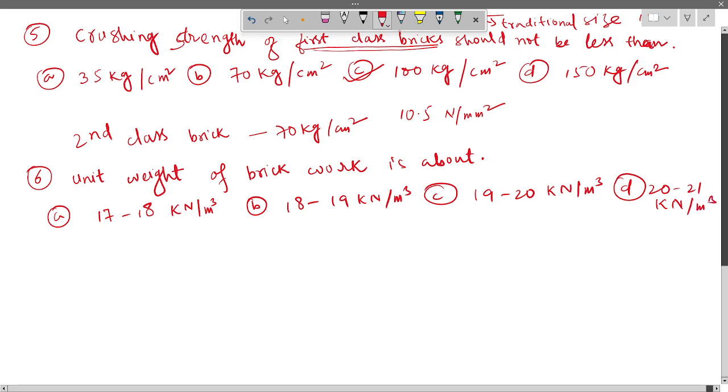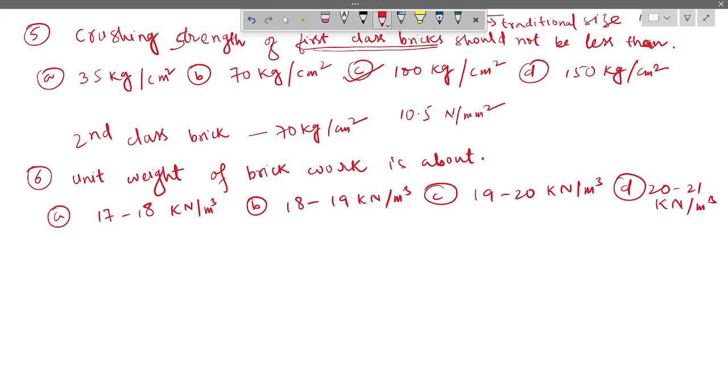So what will be the unit weight of brick in these options? The answer will be C. The unit weight of brick is 19 to 20 kilonewton per meter cube.